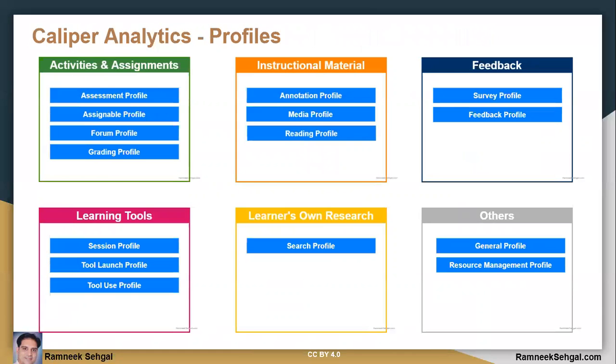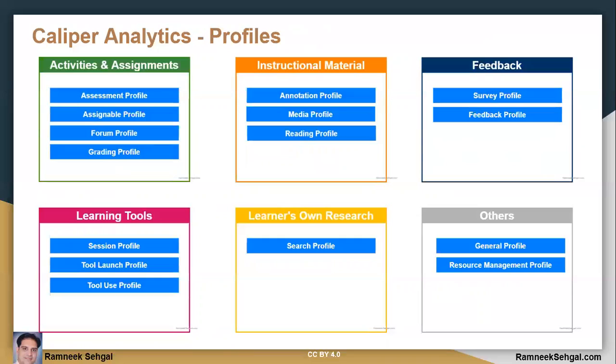So now let's understand the analytics profiles. To capture learners' information, there are lots of profiles. Some profiles are very specific to a type of activity, for example assignments and activities. We have an assessment profile, like assessment completed, assessment started, and so on.